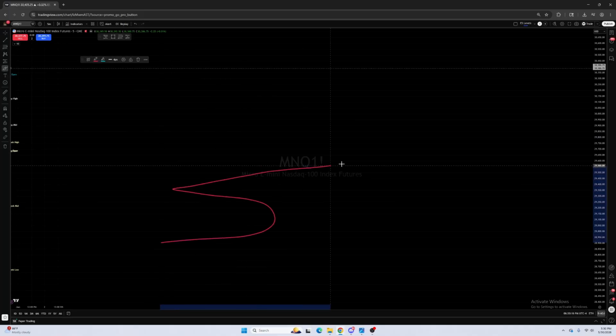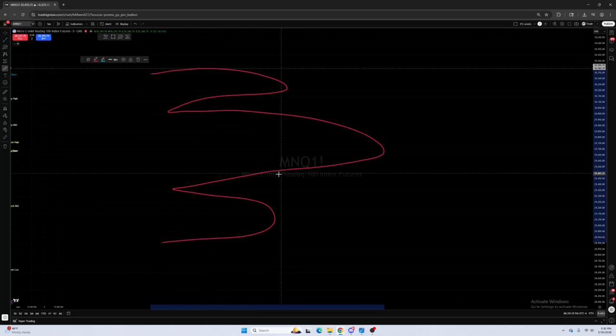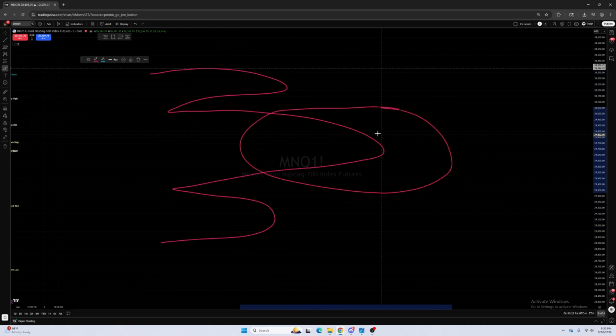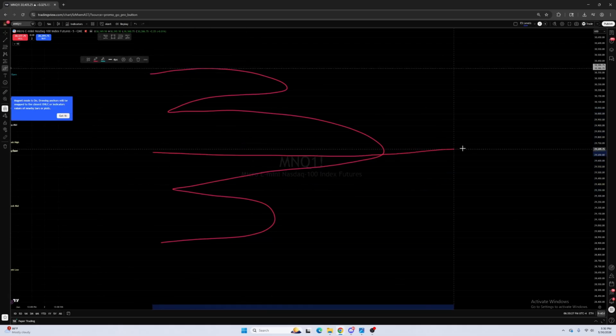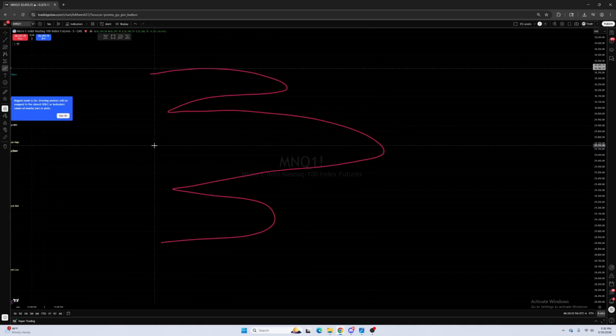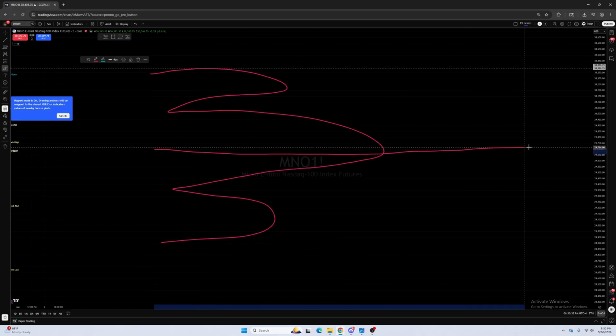Let's say this is our volume profile. This area will be considered a high volume node. It's the area where most price is being traded, but it's also going to be a point of control since most volume is being traded. The point of control would probably look like this, right?